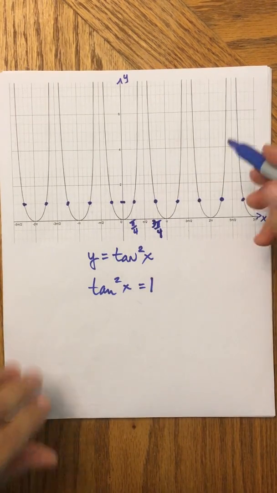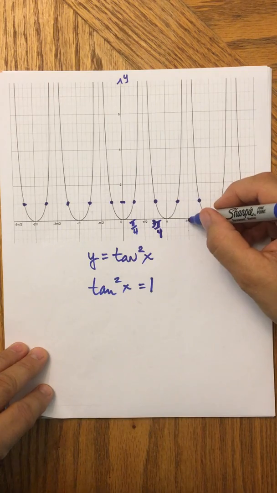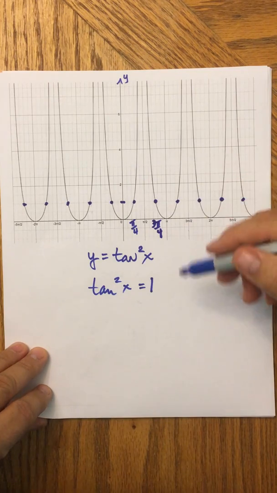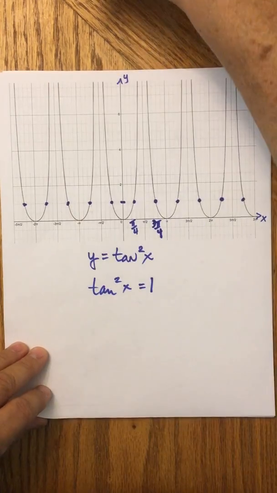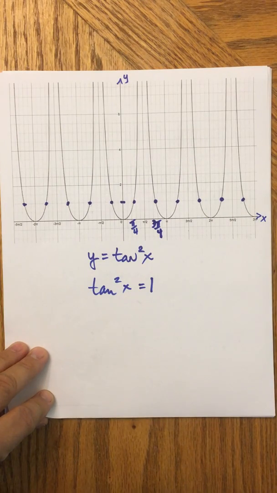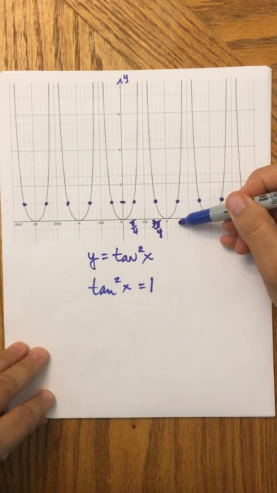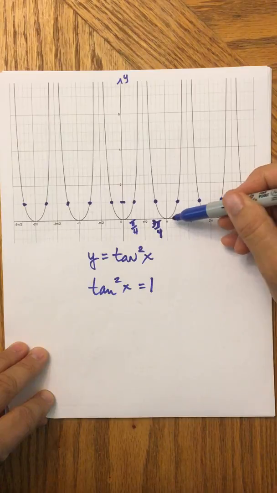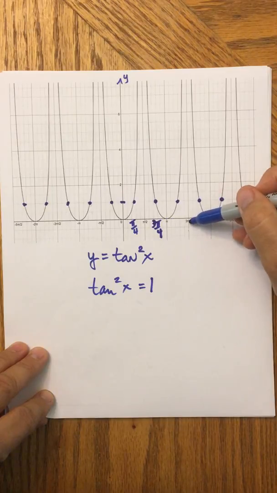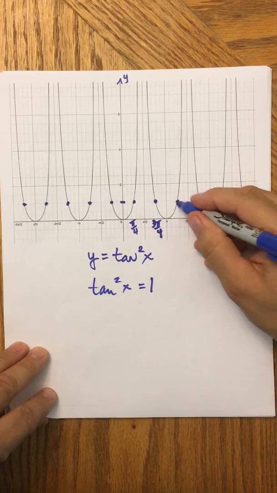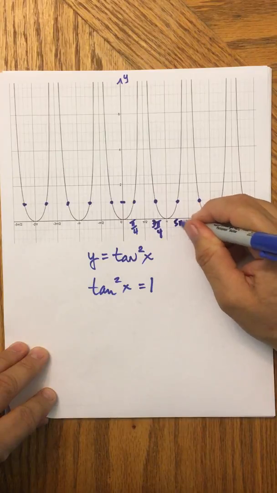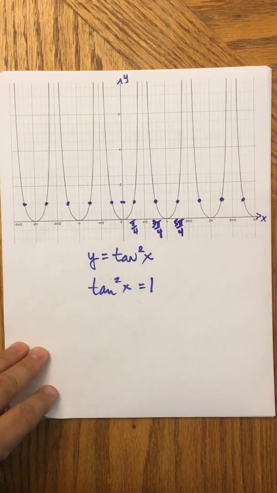Does it look to you like they're equidistant, or would you maybe have to do a little bit of work to make sure that you're reading them correctly? So let's see. Here it looks like it's between pi and 3 pi over 2, so that's going to be 5 pi over 4.